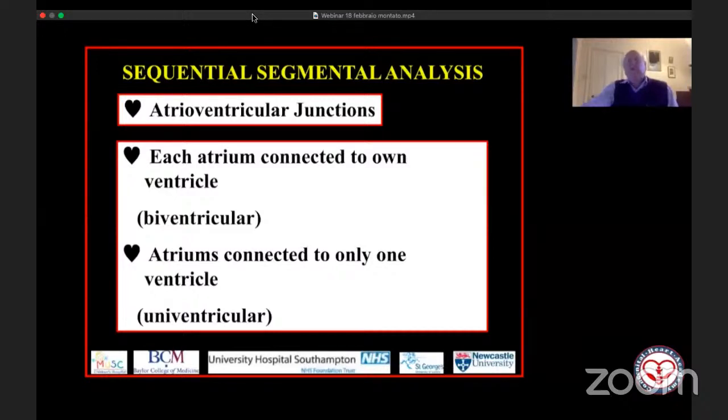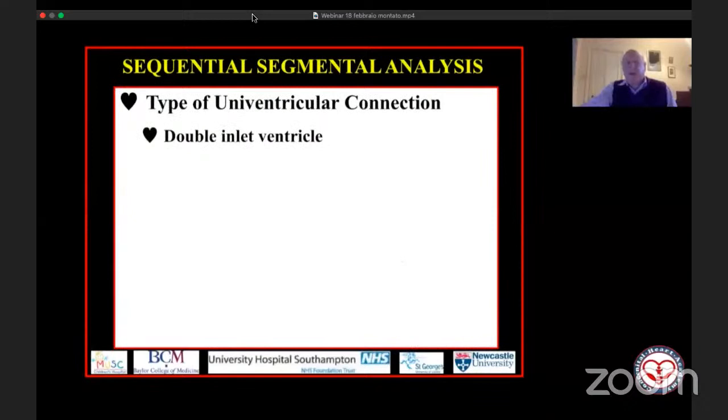And as you know now, very few of these patients indeed have univentricular hearts. They are unified because they have the univentricular atrioventricular connection.